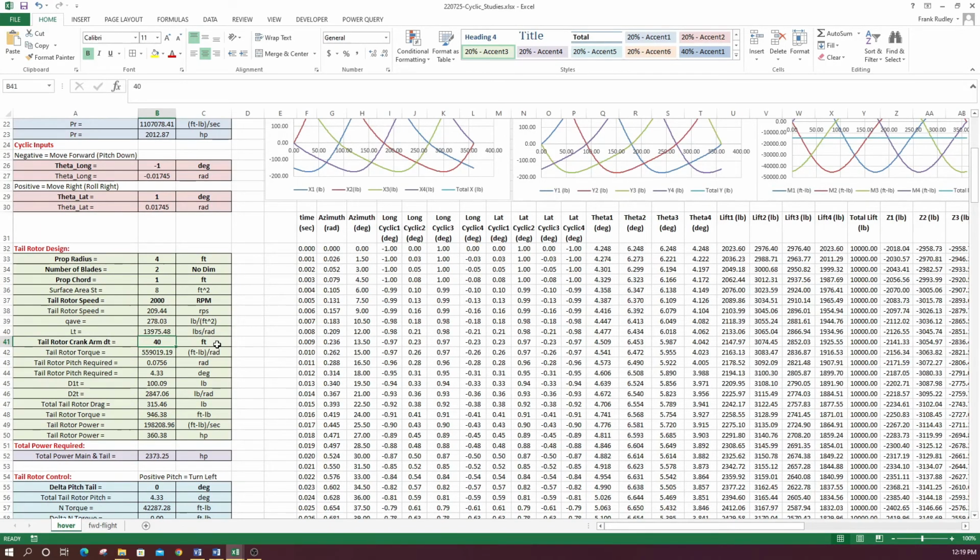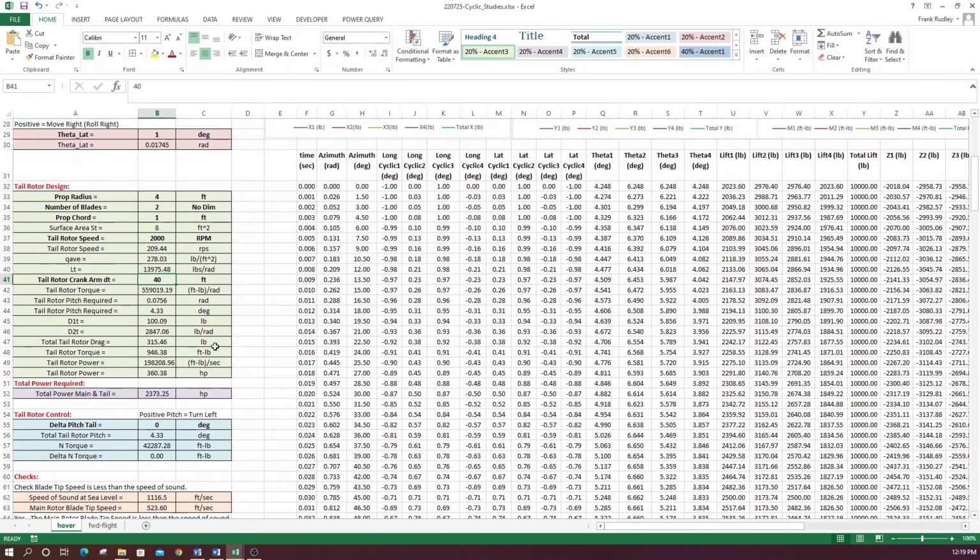That's in bold, being an input. So the tail rotor torque is like a torque as a function of the angle, and we'll compute the blade angle we need for that. The torque winds up being this lift times this crank arm, so that's this 40 times 41.